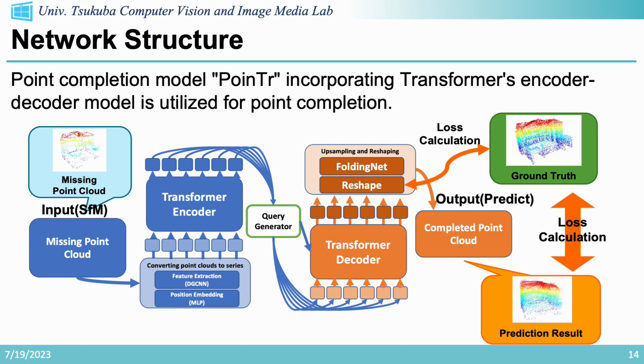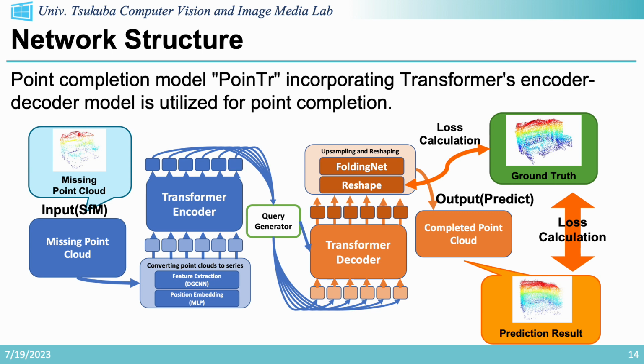Then, by inputting the sequence data into the transformer architecture, the entire feature is acquired, and then the data is processed by an MLP to output the completed sparse point cloud.